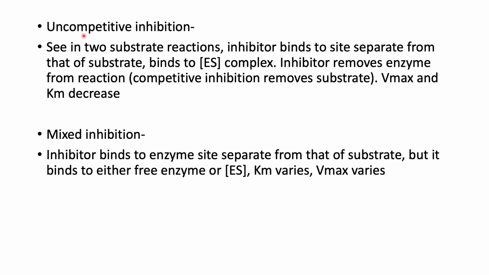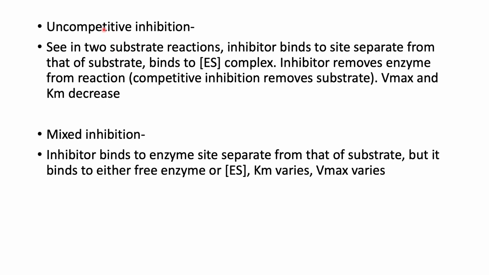Another way is uncompetitive inhibition, where you see these in two-substrate reactions. The inhibitor binds to a site separate from that of the substrate. It will bind to the enzyme-substrate complex. The inhibitor removes the enzyme from the reaction, whereas competitive inhibition removes the substrate. Both Vmax and Km, the Michaelis constant, decrease with uncompetitive inhibition.